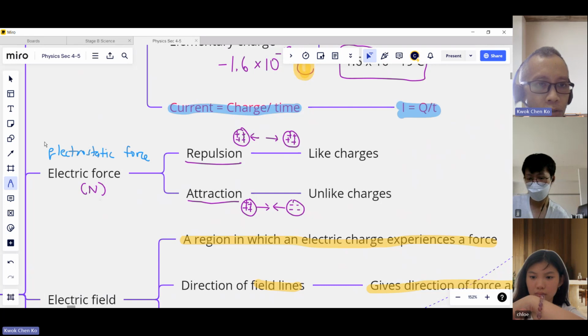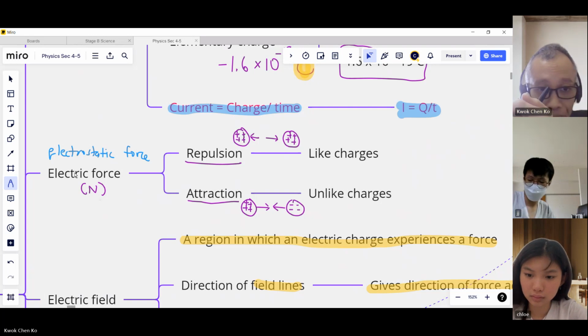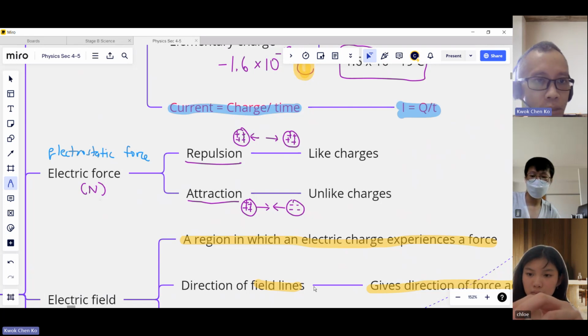Now, get used to seeing this word as well, electrostatic force, electric force. Well, obviously they are forces. So as I said, it could be a repulsion or it could be an attraction. Now, I won't go through every single point about that unless you have questions, so I shall move on. But just take note of this word electrostatic force. It means the same thing.